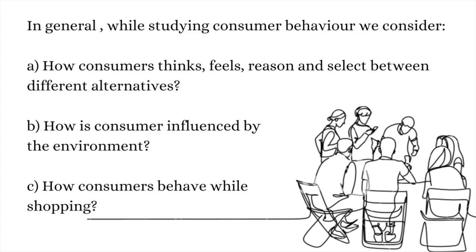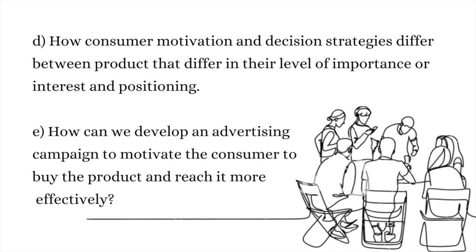How does the consumer behave while shopping? How do consumer motivation and decision strategies differ between products that differ in the level of interest and positioning? How can we develop an advertising campaign to motivate the consumer to buy the product and reach them more effectively?